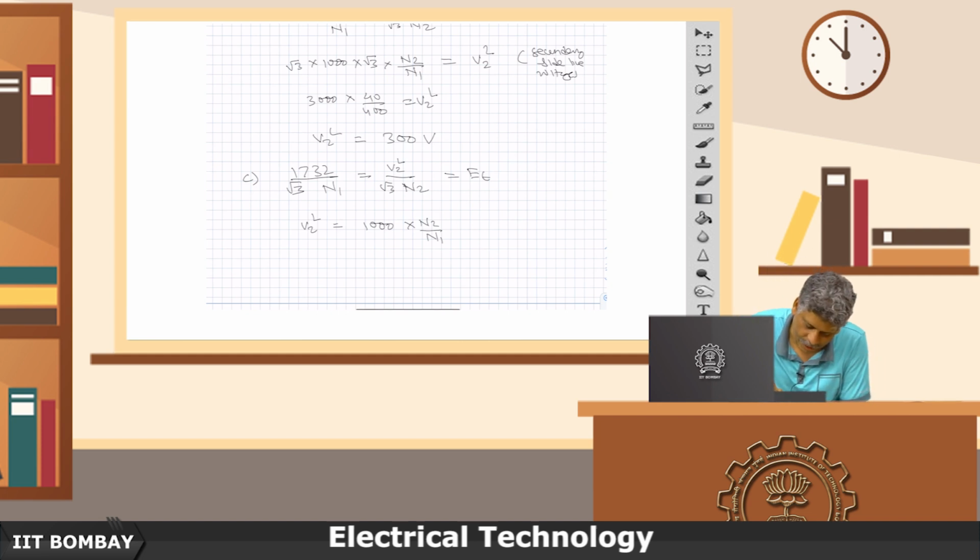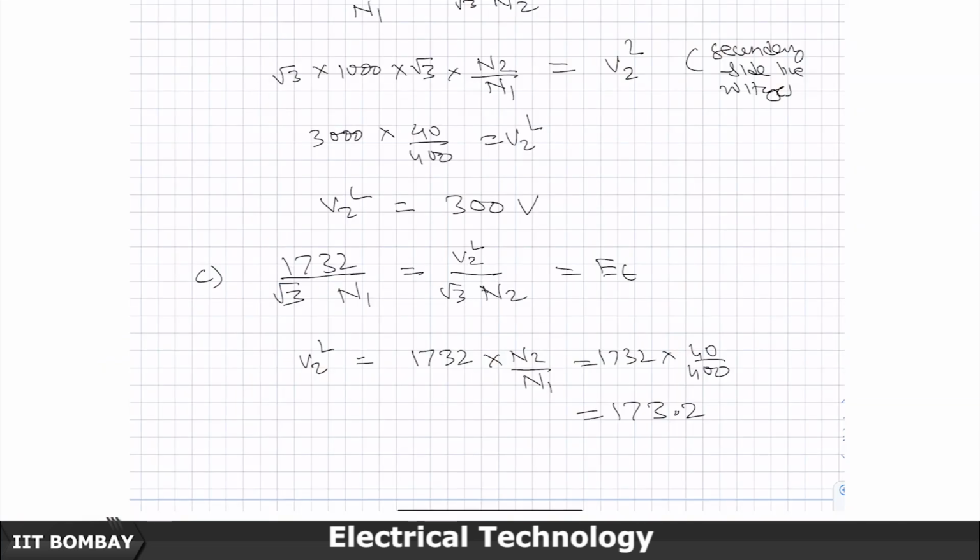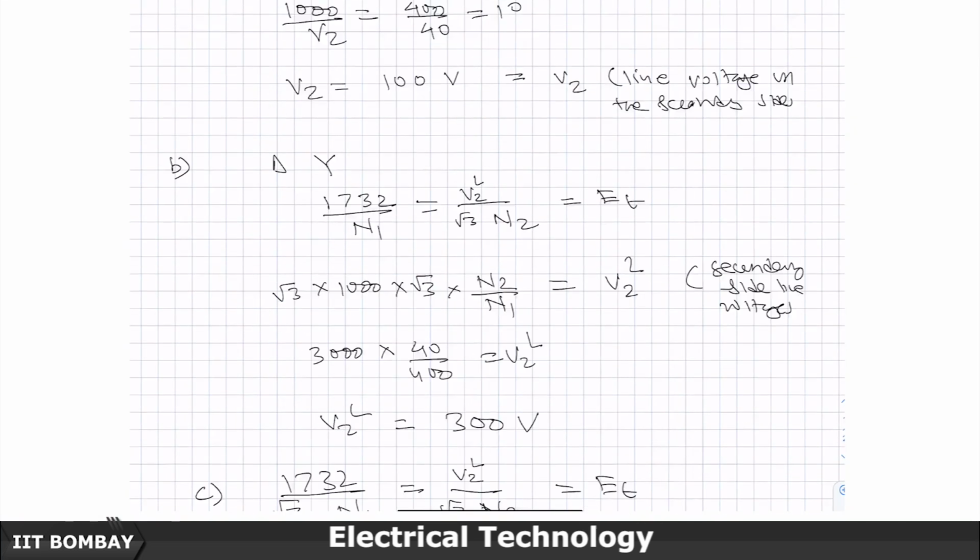No, I'm really sorry, because this root 3 has cancelled with this, the 1732 will remain as it is. So I should write it here as 1732 into N2 by N1, which is the same as 1732 into 40 by 400, which is 173.2 volts, is it not?